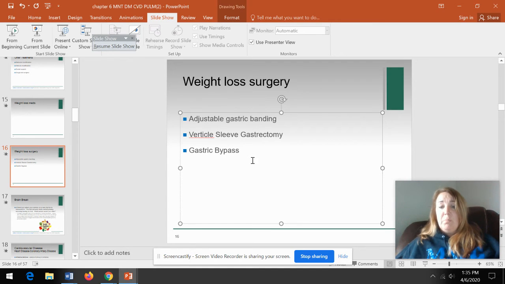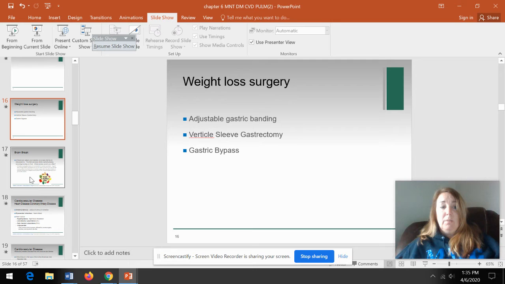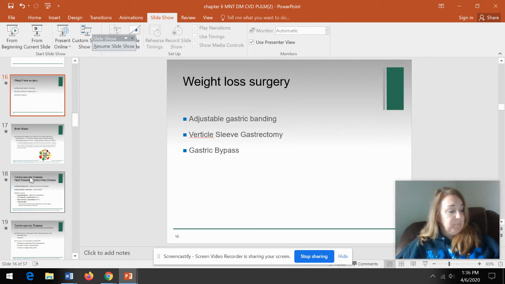But with gastric bypass, we see a lot greater results with weight loss, but then we also see greater risks for complications and lifelong nutrient deficiencies, because we're skipping out on some of that small intestine. And recall from chapter 3, that's where most of our nutrient absorption occurs.